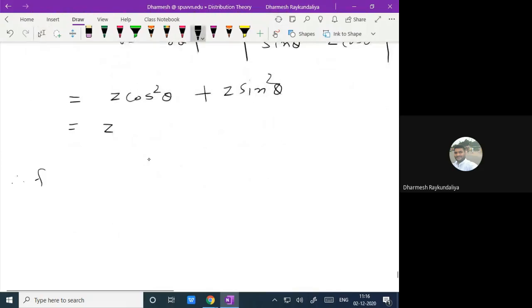Therefore f of z, theta is nothing but, so what is given? We have given that x and y are normal, 0 and sigma square.